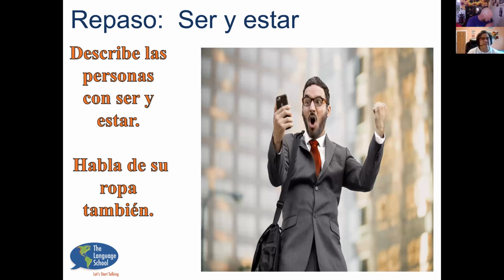Okay. So describe las personas con ser y estar. So el hombre es empresario. Él está emocionado.